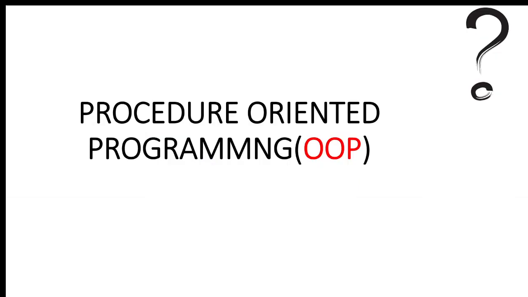Now let me discuss the second one, object oriented programming language, which is the popular one. Object oriented programming language emphasizes data members, follows a top-down approach, and the complete problem is divided into objects.